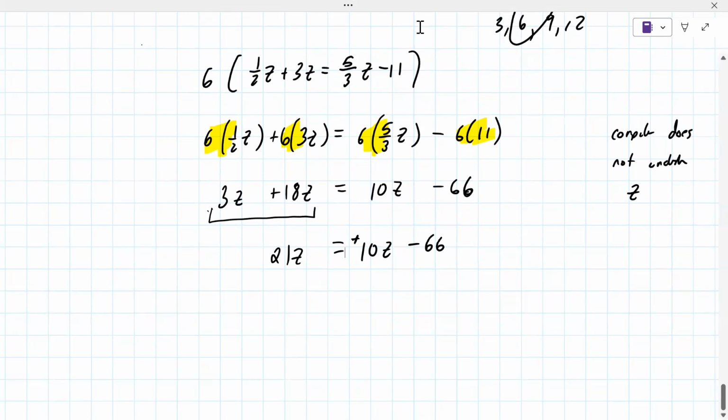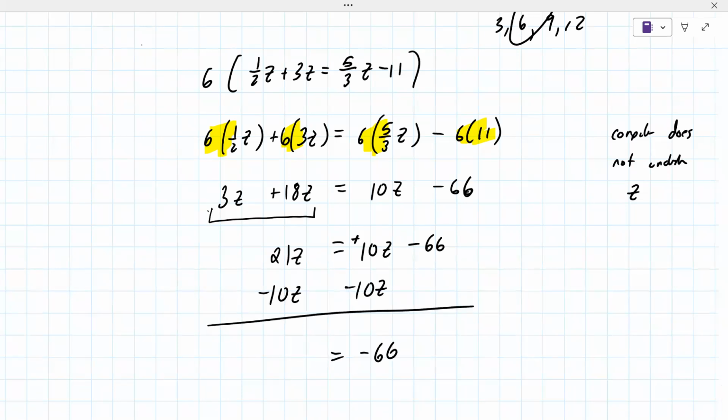Go back and look at what you did in problem 12. How did you move the number to the other side of the equation? You undid subtraction of 4 by adding 4 to both sides. Right, okay. So how do you undo addition of 10z? We would have to minus 10 on both sides. Very good.